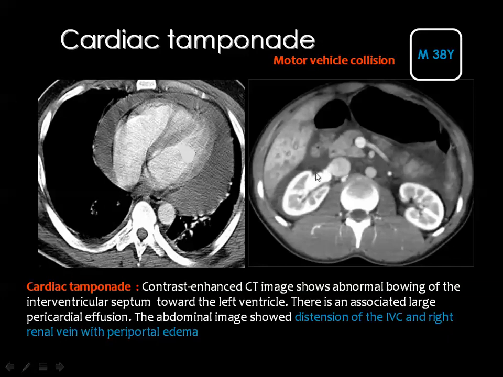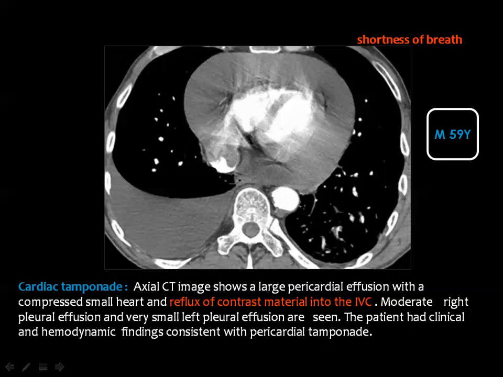Also, you can see the distension of the inferior vena cava and the right renal vein, and you can see also the hypodensities around the portal venous radicals, denoting periportal edema. And here an example of cardiac tamponade, a big pericardial collection, and you can see the reflux of the contrast material within the inferior vena cava.